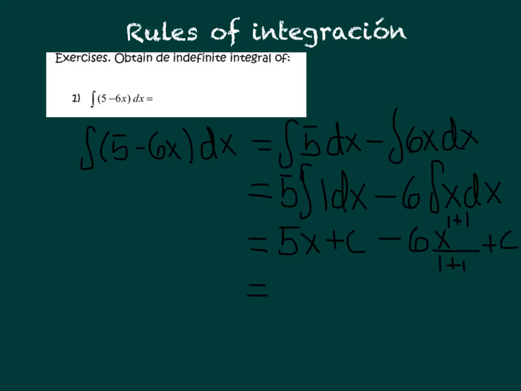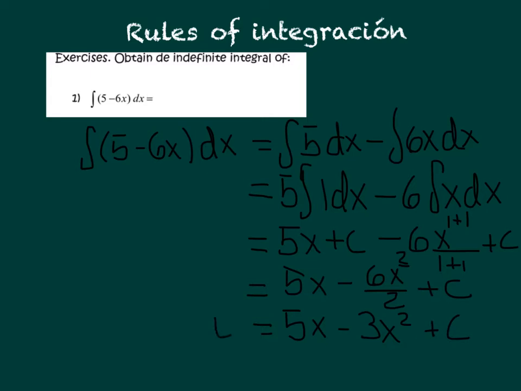So we have 5x minus 6x squared over 2 plus just one constant, because we have said that we don't need that many constants because we don't even know the value. So we're going to add only one. And finally, we want to simplify to 5x minus 3x squared plus the constant.